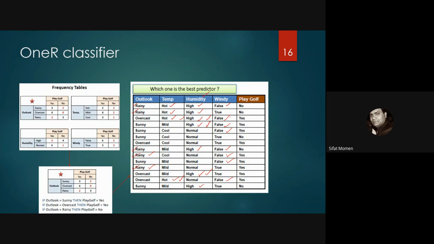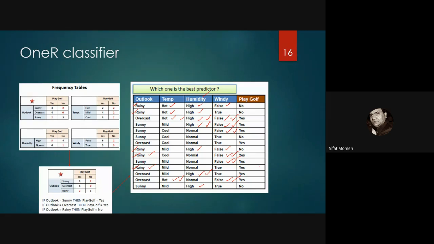This is false no. Then false yes, this is 1, 2, 3, 4, 5, 6. Among the eight, six are false yes. So when false, yes is 6 and no is 2, correct? Clear? And when true, yes is 3 and no is 3. You can see it's the same way.